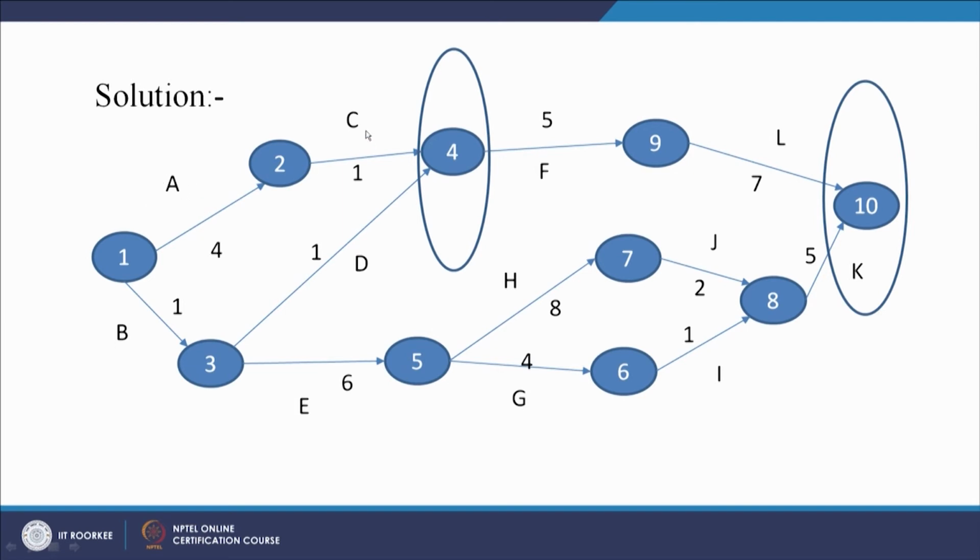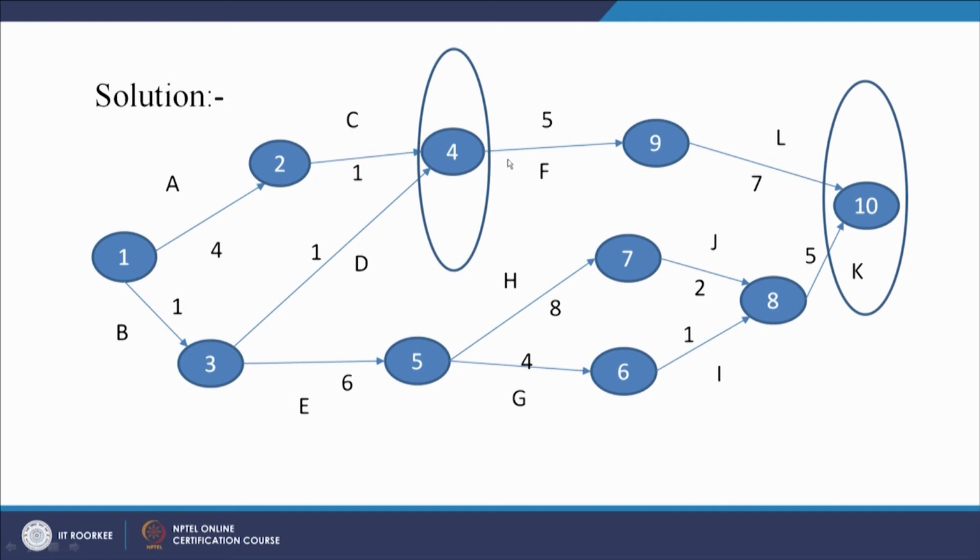So C can start at the earliest on day 4, after 4 days. Activity C is taking only 1 day, so it will start after 4 days and take 1 day to complete.